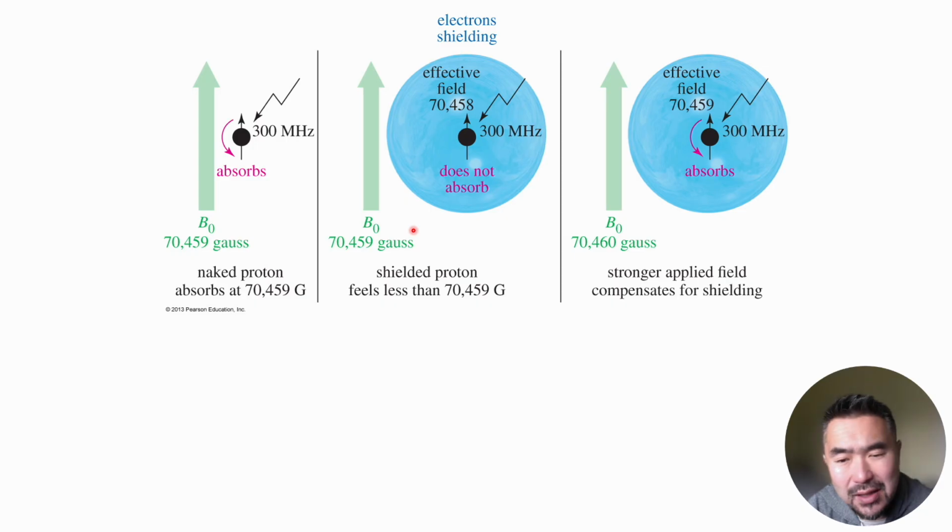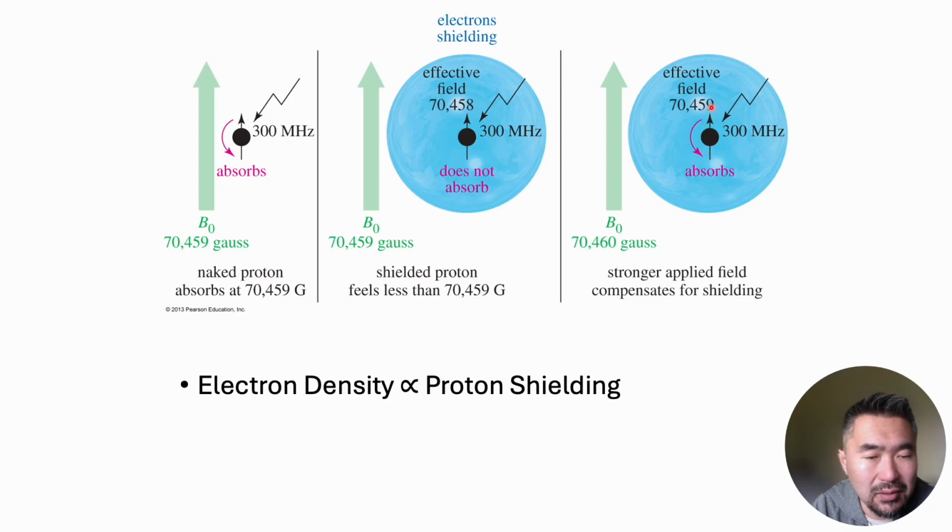What needs to happen is the field strength has to be a little bit higher, just a little bit. It doesn't take much to overcome that blockage, or shielding, by electrons. So you need to apply a little higher field, then the proton absorbs the photon or radio frequency, and it can flip to the beta spin state. And what does that tell us?